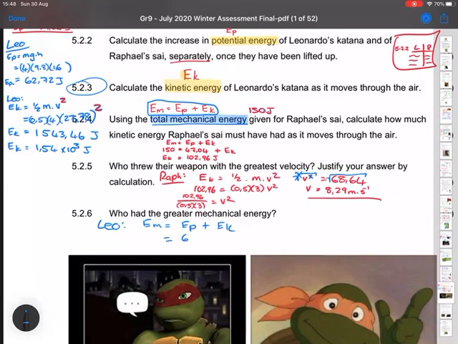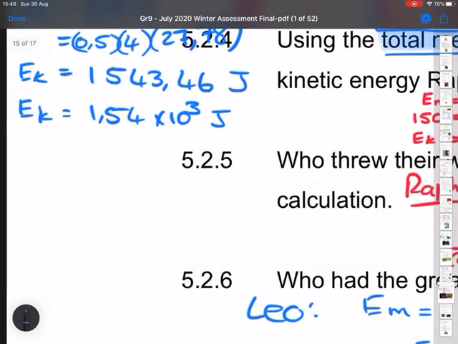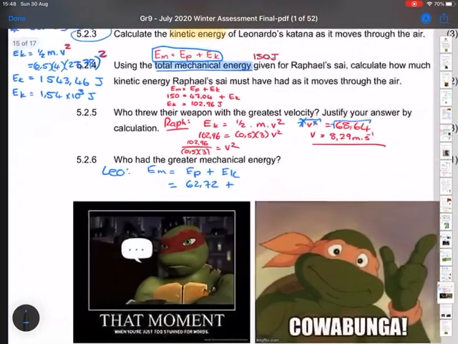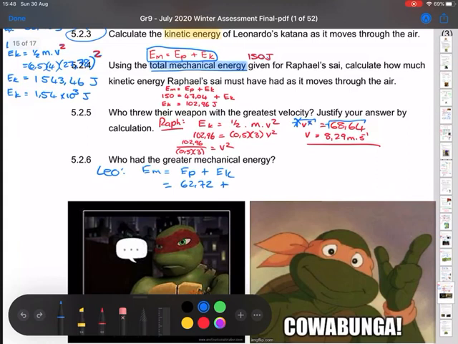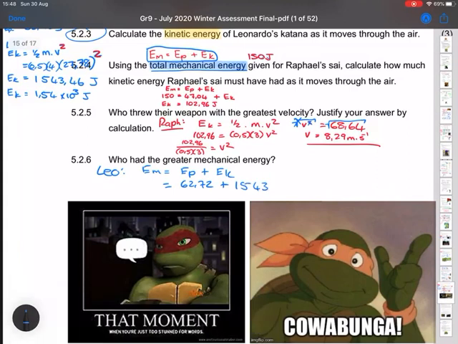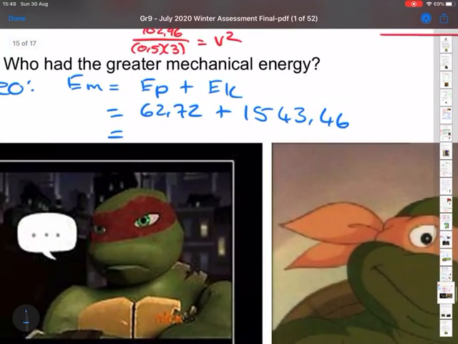Okay, so his potential was 62.72. His kinetic, we calculated over here, 1543.46, and that would give us 1606.